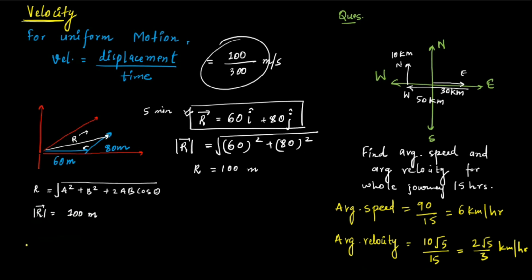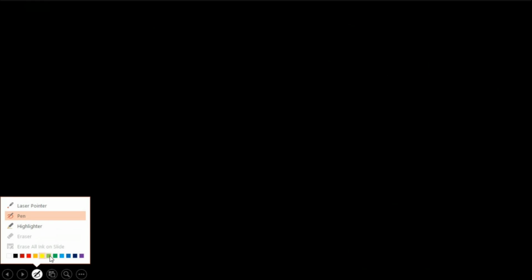Okay. Let me give you one more similar question. Let's try to answer it this time. So basically, the question says a person goes 20 kilometers north and then 20 kilometers east and then 20 kilometers northeast.